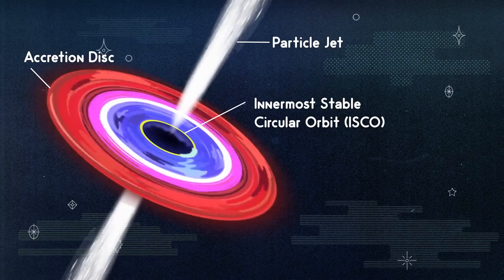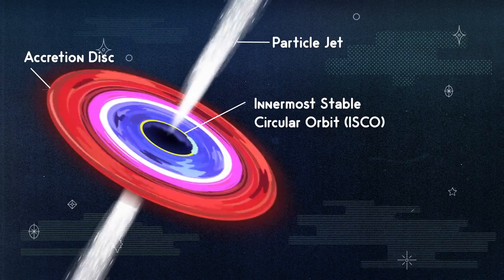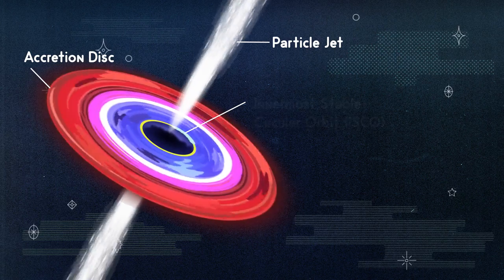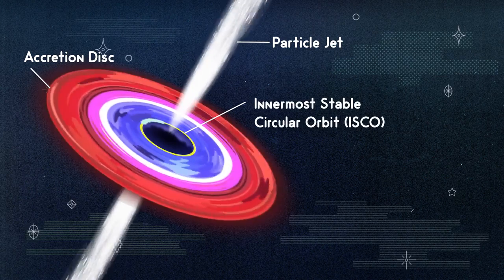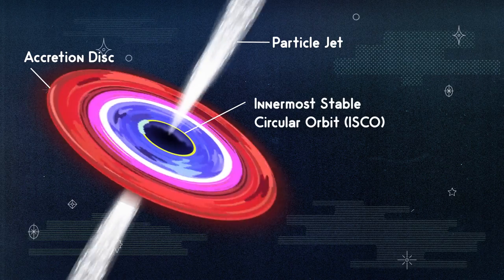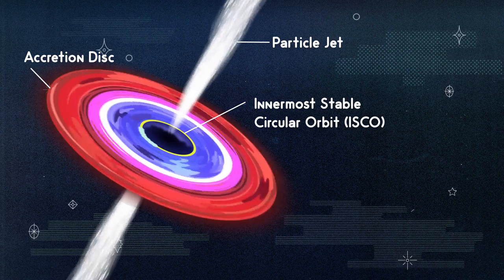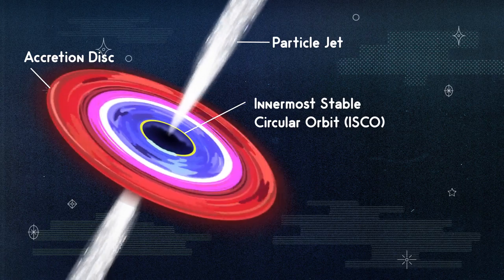The innermost stable circular orbit, which we will henceforth just call the ISCO, defines the inner edge of the accretion disk, beyond which material will fall freely and become captured by the black hole. Somewhere between the accretion disk and the event horizon, Newtonian gravity stops being a good approximation, and the gravitational field becomes much stronger than Newtonian gravity predicts.